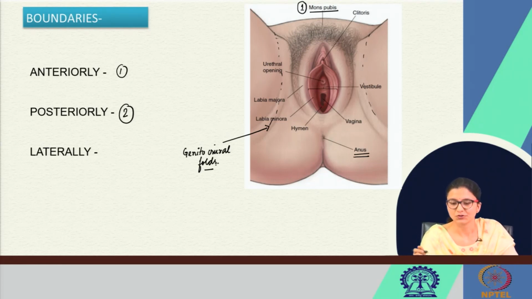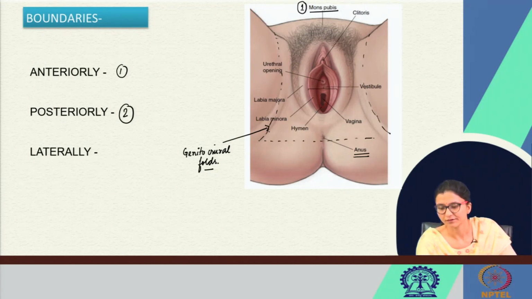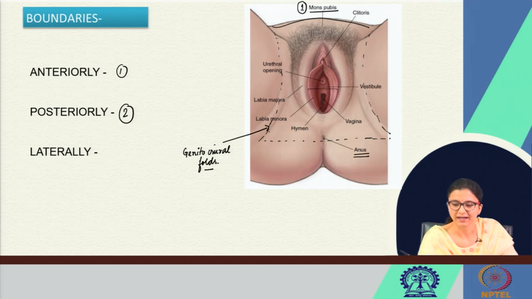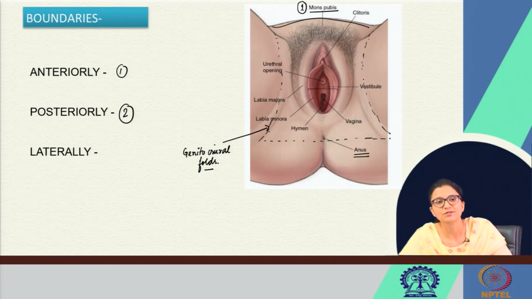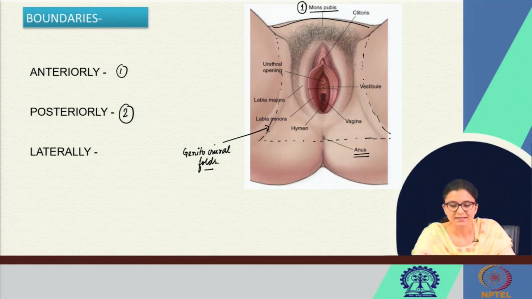Right? So, this part is the vulva. Anteriorly the mons pubis, posteriorly the anal opening, and laterally the two genitocrural folds. This we will study today.